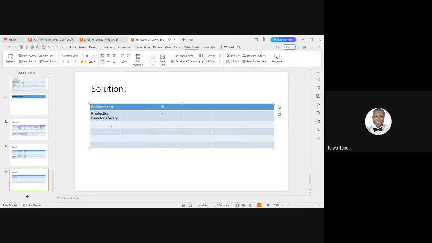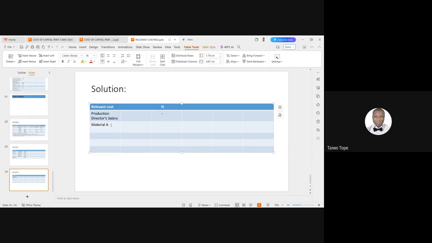So you have it as material A. The relevant cost value will be 110 multiplied by 125, so the value will be 13,750.